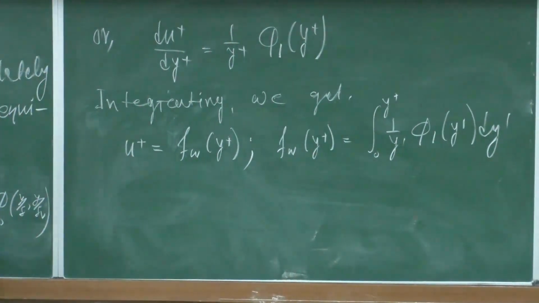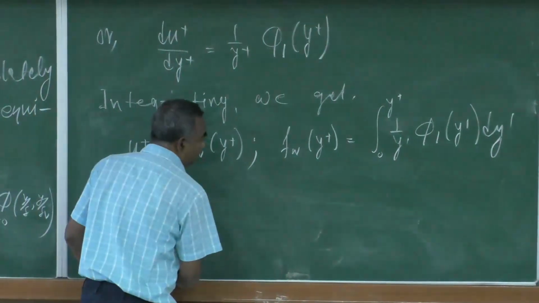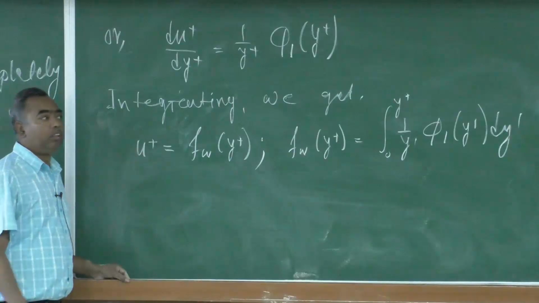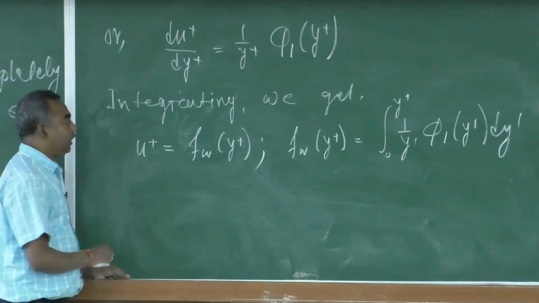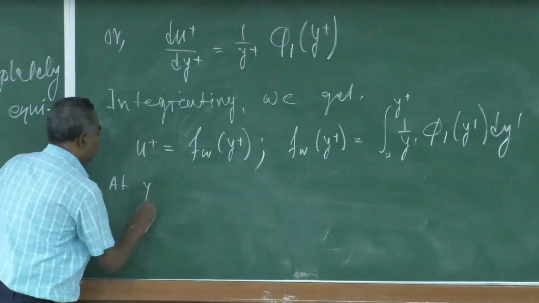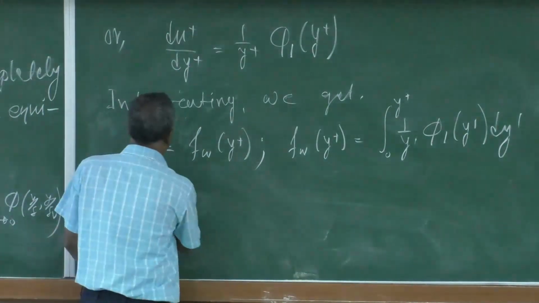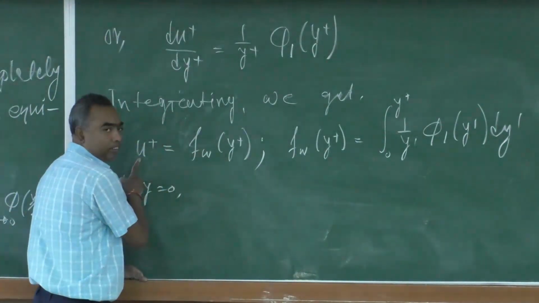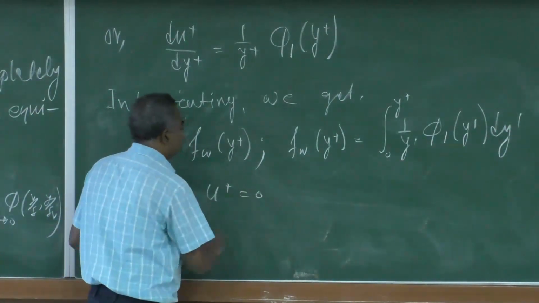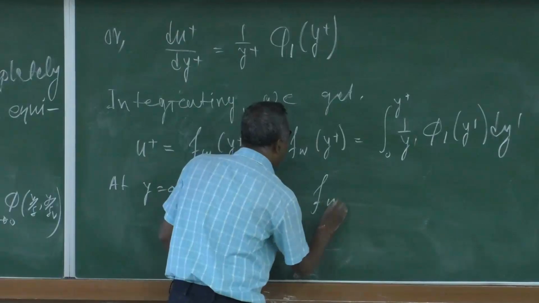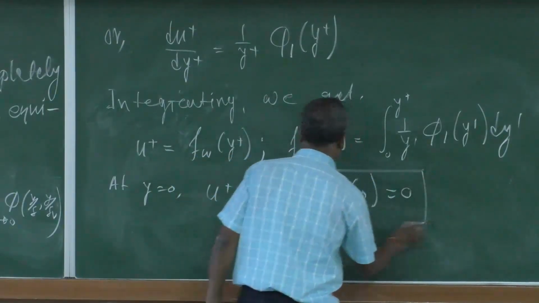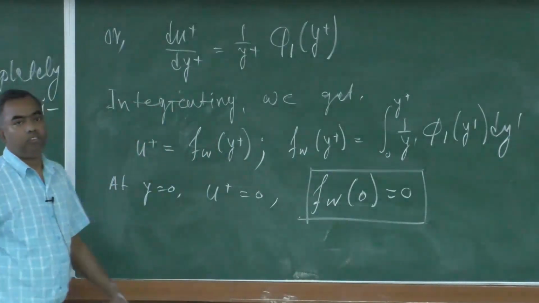This is what we get. Now, from the boundary condition at y equal to 0, u plus is also going to be 0. Hence f w of 0 is equal to 0. This is one condition we get.